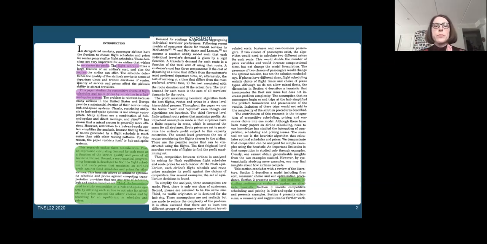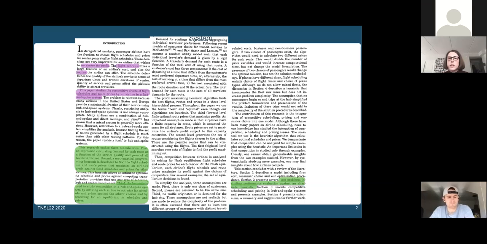And so what they wanted to study are competitive choices of flight schedules and route prices by an airline in a hub and spoke system. So how will the flight schedules and how will the route prices influence the profit of the airline? And it's a hub and spoke system, so there's one or several hubs, and all the other airports are spokes.